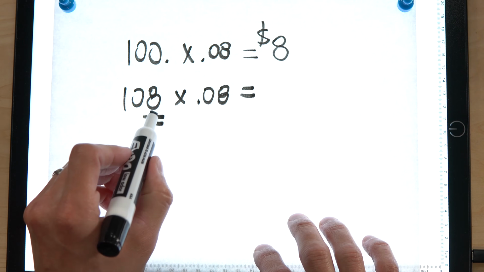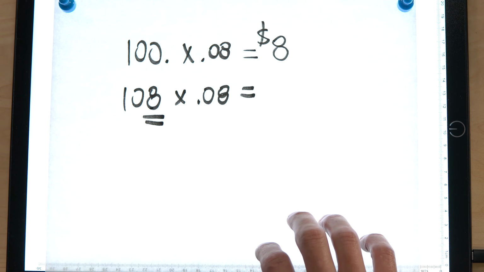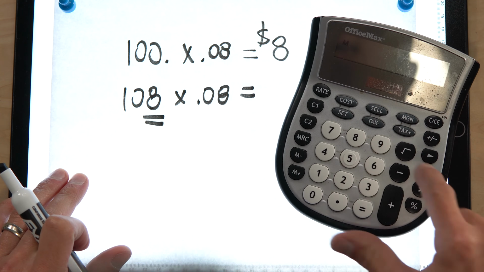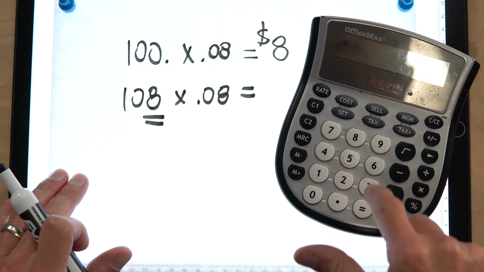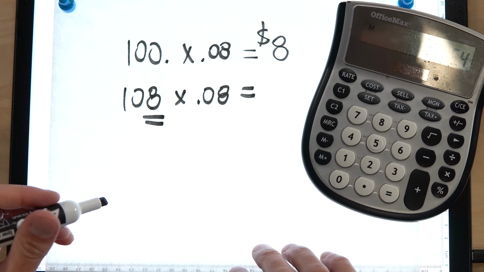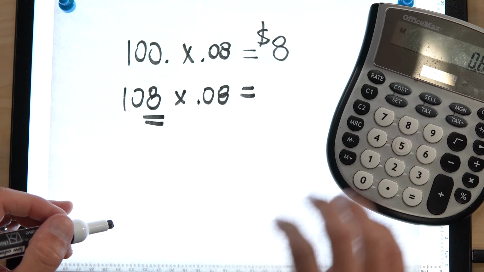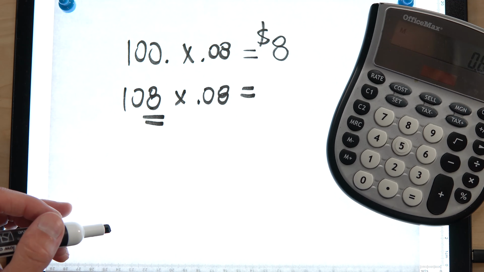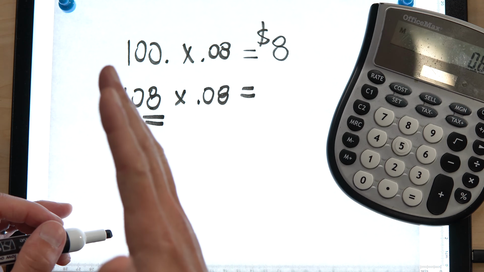If we take $8 times 0.08, that's going to be an additional 64 cents. So in year 2, we're going to have $8.64 more than we did from the previous year.